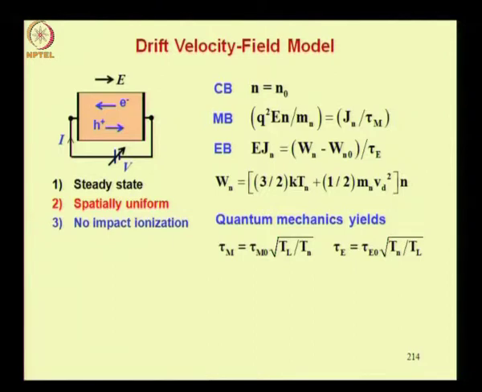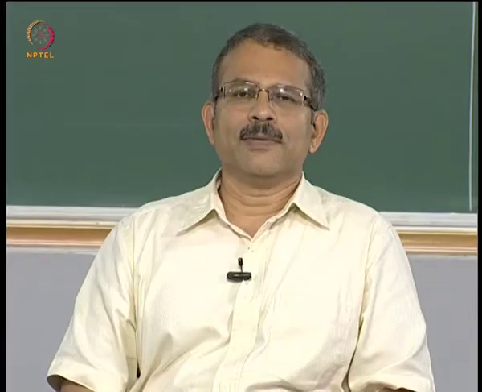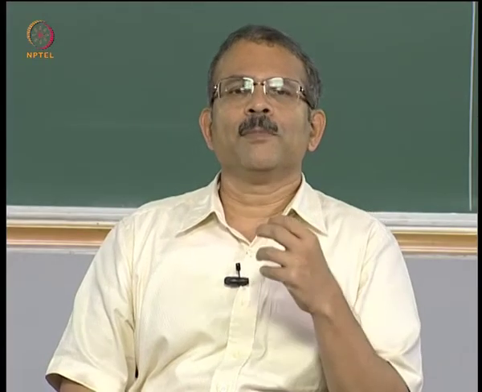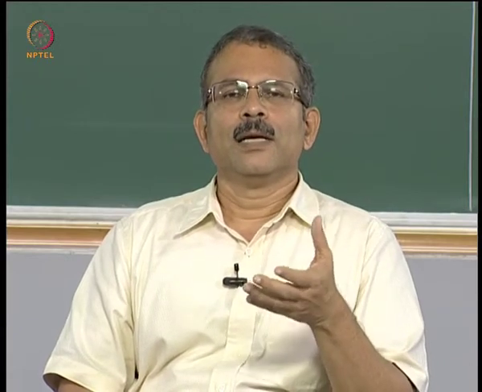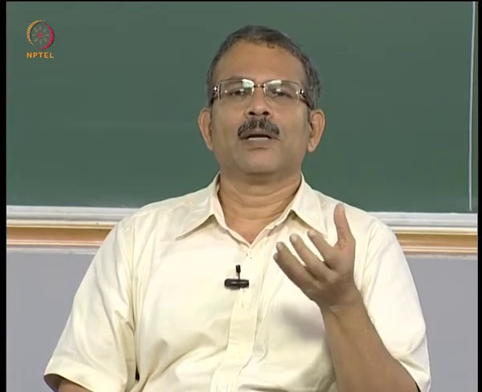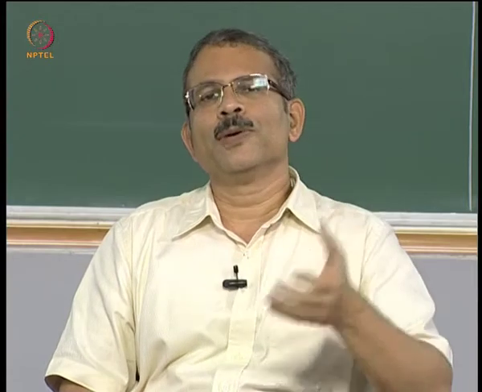Now usually we make the approximation that we neglect the directed component, we assume that the random component is very large. This approximation is definitely quite good for very high electric fields where the directed component saturates. It is also good for very low electric fields, when the directed component is small. You know that even under equilibrium you have a large kinetic energy density because carriers are moving about randomly.